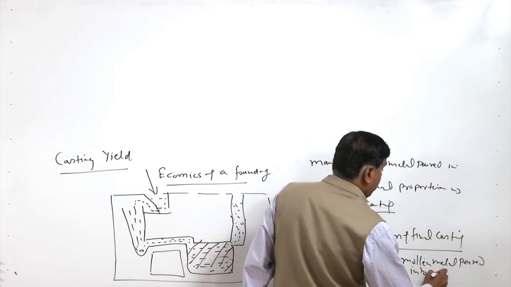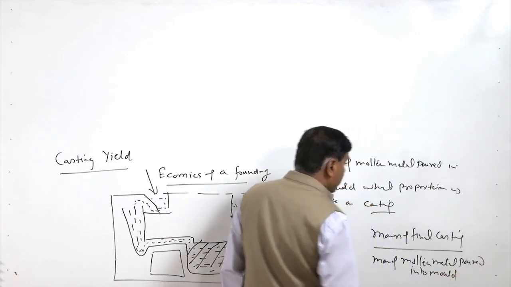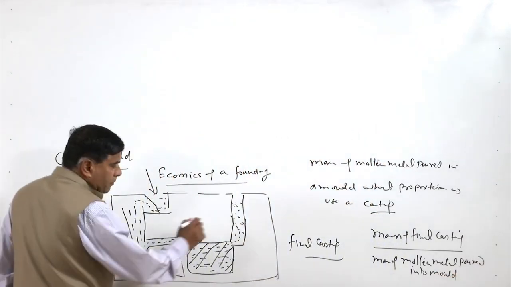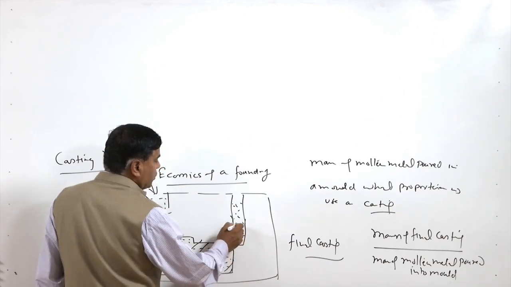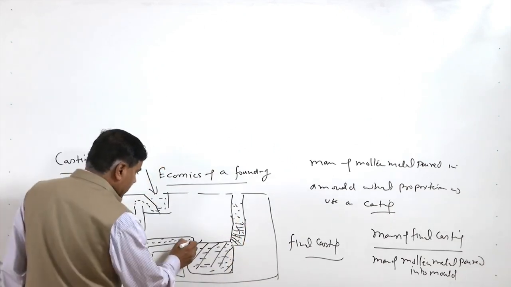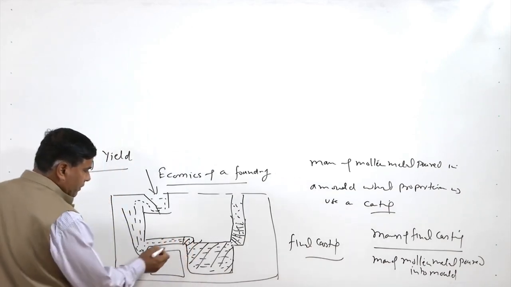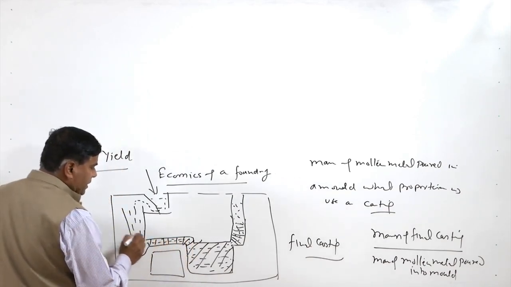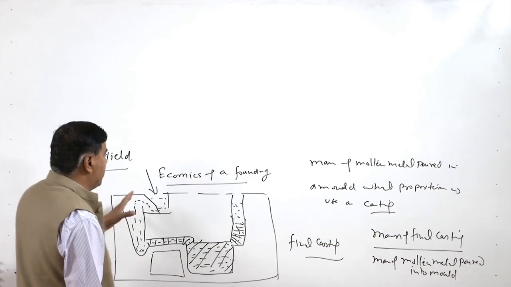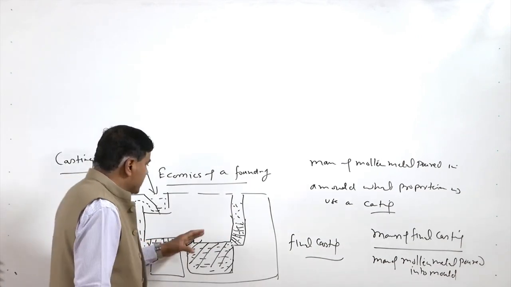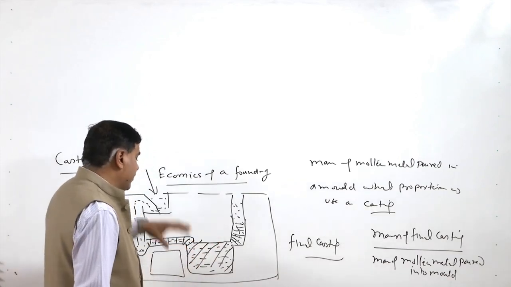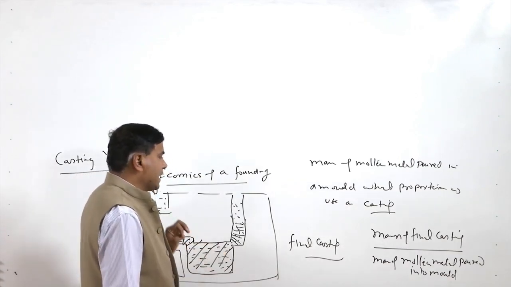into the mold. The molten metal left in the riser will also be solidified, the molten metal left in the ingate will also be solidified, and the molten metal in the runner as well. Whatever amount of molten metal is left in the gating system will solidify apart from the casting.